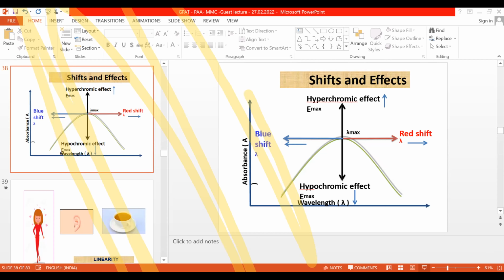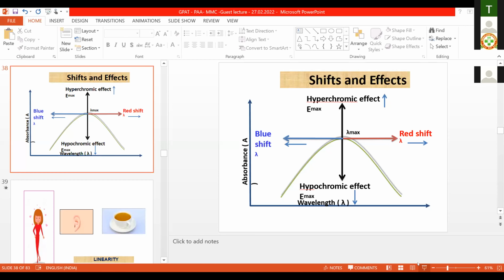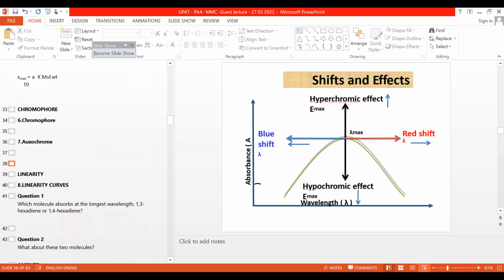And so the slides are moving. Next slide is visible, sir. I can see the shifts and effects slide, ma'am. I think the forum is not supporting my system. I'm really sorry for that. Is it shifting, sir, now?